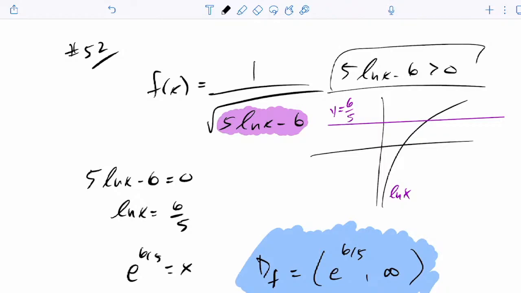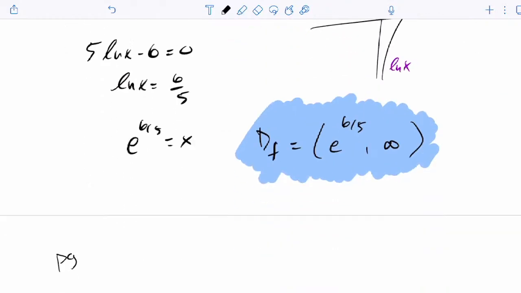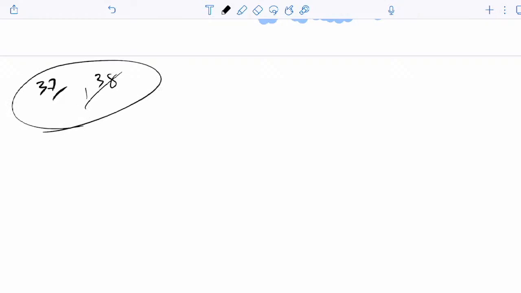37 and 38. Oh yeah, inverse function. Yeah, I'll quickly run through. To help you out for 37, 38, it's not part of the style of problems that I'm asking tomorrow.